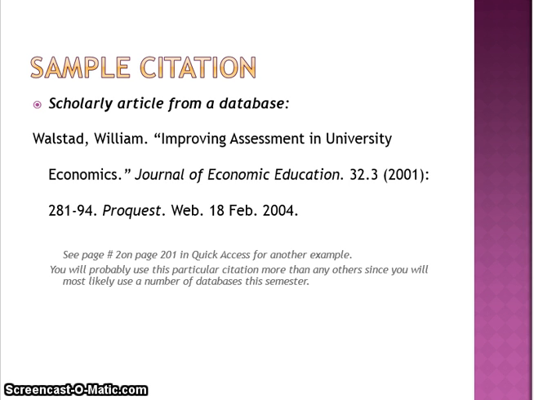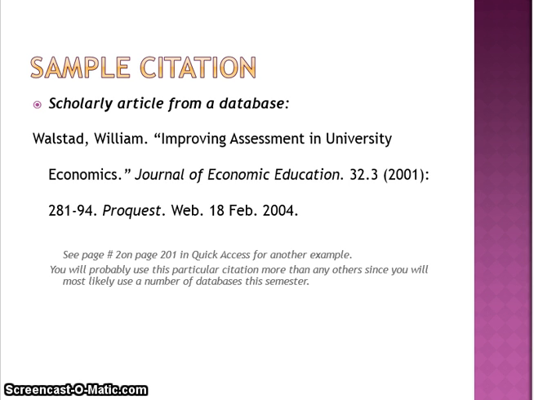And then you have a publication date. In this case, it's 2001. If you don't have a publication date, you can sometimes write ND for no date if you are interested in doing that, okay? And then you have 281 to 94, and those are your page numbers. If you are working with an article that does not have page numbers, don't make page numbers up. Just write NP for no page.